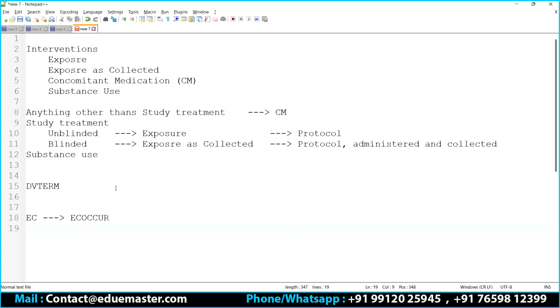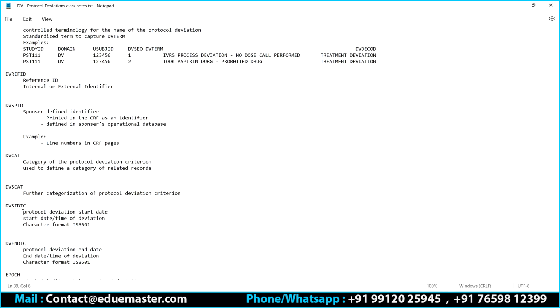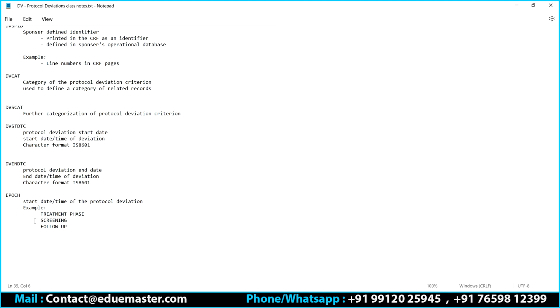So the occurrence variable will tell you whether the patient has taken the drug or not. If it is N, there is something wrong. The subject has not taken the pill. The subject has not taken the treatment. This is the variable which is going to mention it. If you go to your deviation protocol, you don't find anything called occurrence here. You don't find it, so it won't get recorded there. Am I clear?